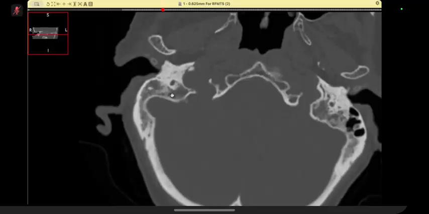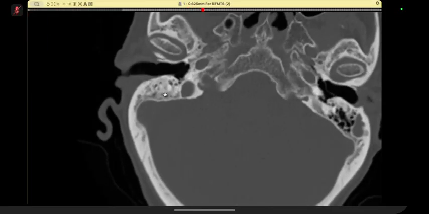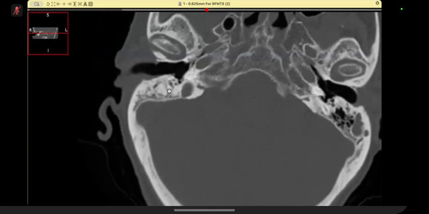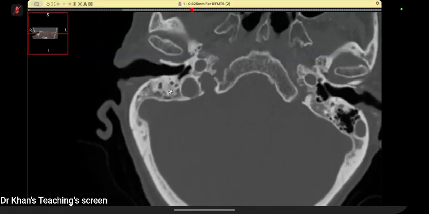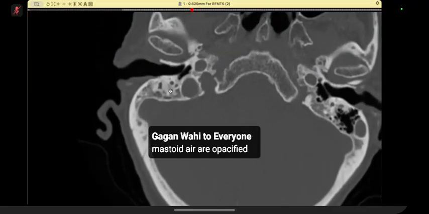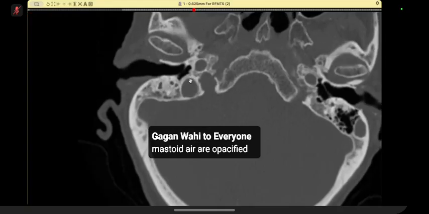You used the word destruction. So where is it? Sir, this is a loss of aeration pattern, and there is opacification. I think you overcalled it as destruction. Yes, sir, I overcalled the word destruction. So there is loss of aeration and opacification.